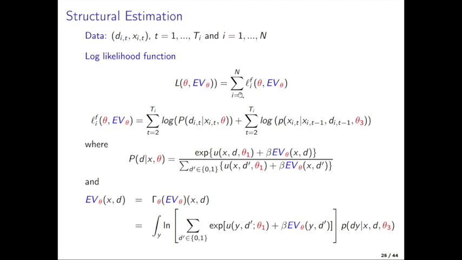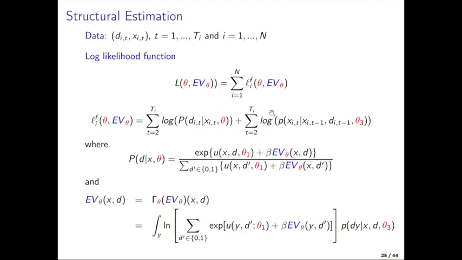The likelihood function is the sum over all the buses, or the cross-sectional units, of the likelihood contribution. Here we've taken the logs, and now we sum all the likelihood contributions for the different time periods. The log likelihood contribution for the first part is the log of the choice probability at the chosen alternative, given the observed value of the state variable x, or mileage.